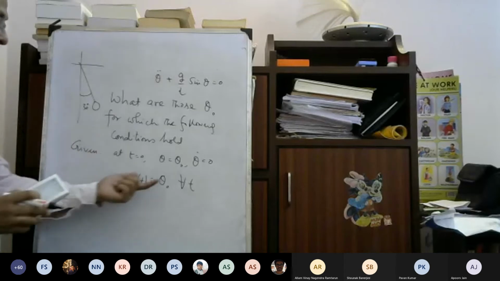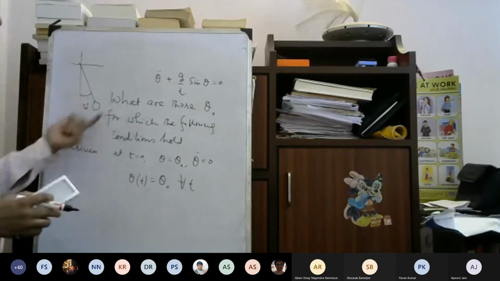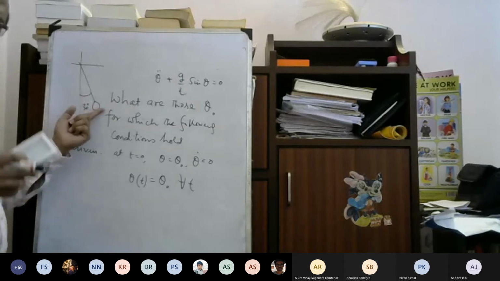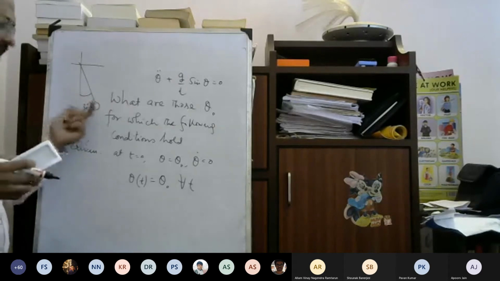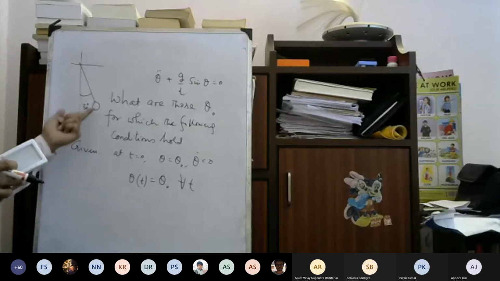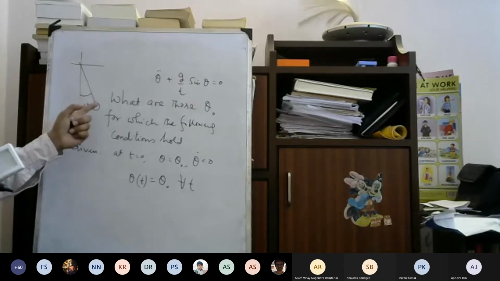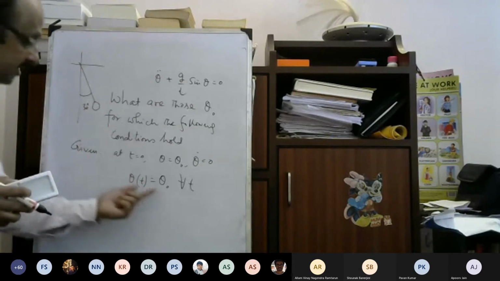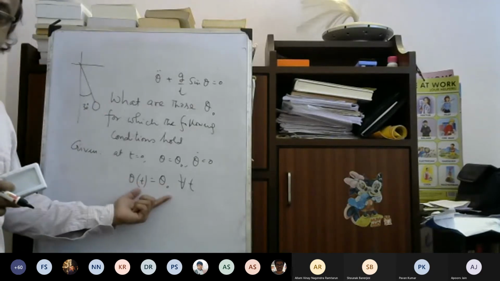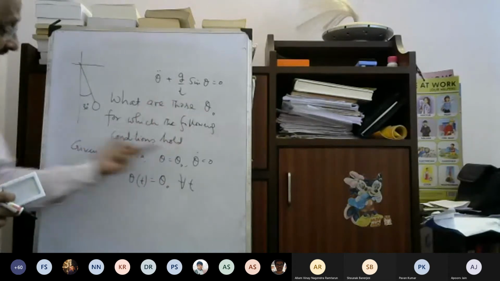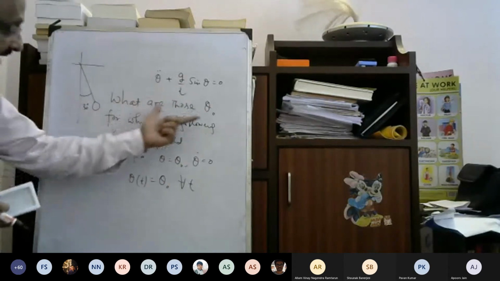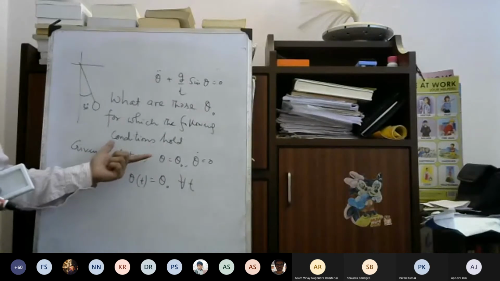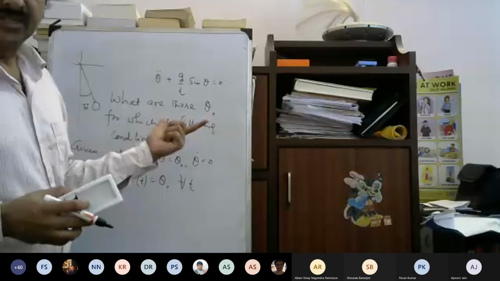Sometimes, periodically, it comes to this position and theta dot becomes 0, but it does not remain there permanently. So definitely it is not an equilibrium position. Equilibrium positions I have to find out. The answer to this question I have to find out, and then I will call this the equilibrium position.